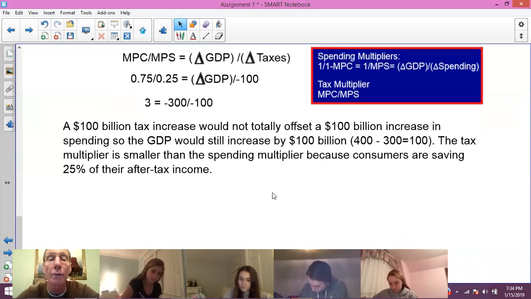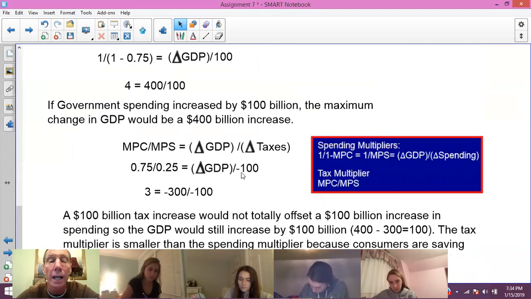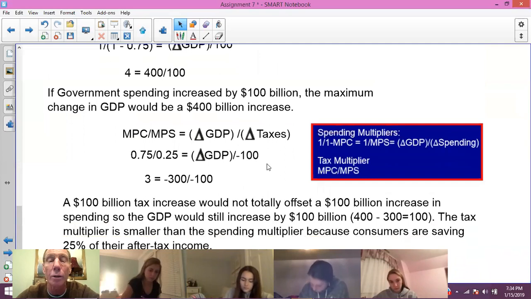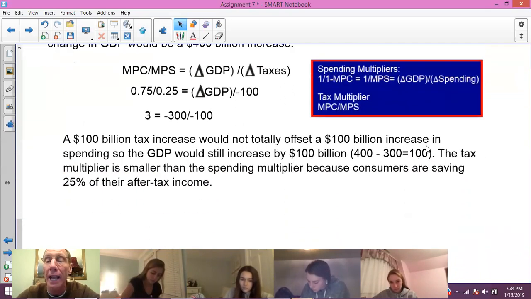So if we gain 400 billion right here with the spending, and we lose 300 billion right here with the increased taxes, then we're going to end up with a net gain of 100 billion. That's because the tax multiplier is smaller than the spending multiplier, because consumers are saving 25% of their after-tax income. So that's your answer.